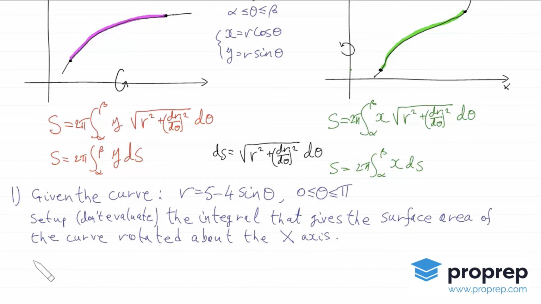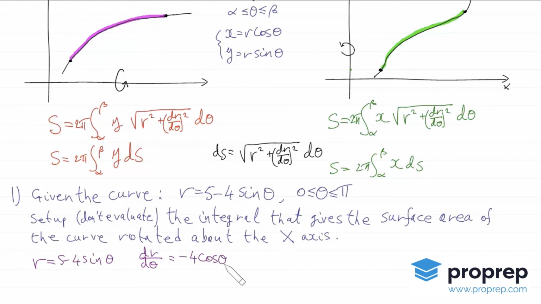We have that r that was given is 5 minus 4 sine theta. Then we need dr over d theta. Dr over d theta is the derivative of this, which is just minus 4 cosine theta.